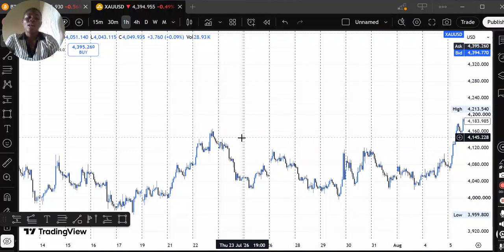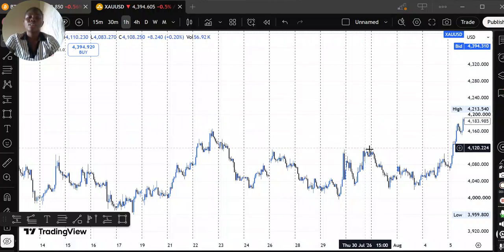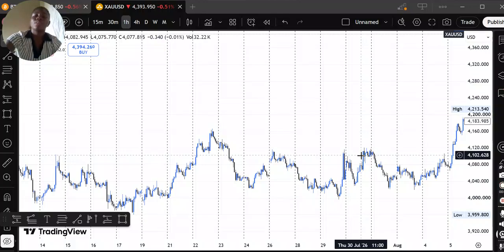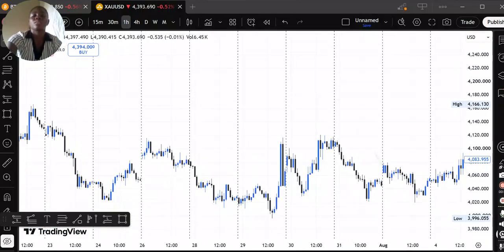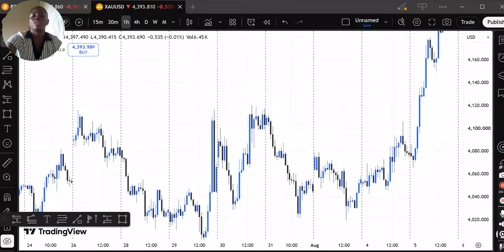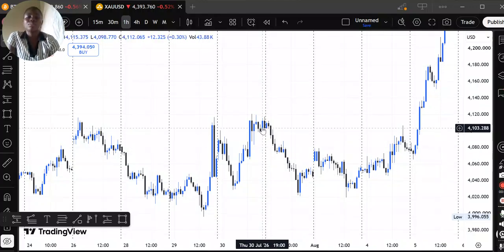Now, a breaker block develops when a previously respected area fails. So if we have an order block, and then let's say at this point, let's zoom in. You have another block at this point. So we mark out the last candle.